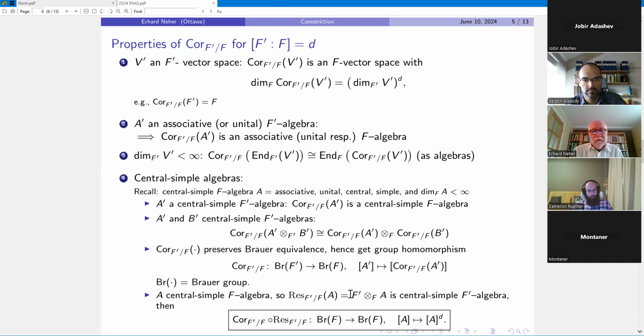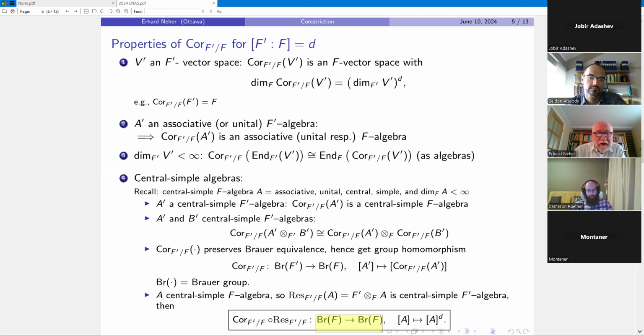So I get a central simple F prime algebra, which is usually called the restriction of A with respect to F prime over F. But then I have the corestriction map from the Brauer group of F prime down to the Brauer group of F. The composition of the restriction and the corestriction gives us a group homomorphism from the Brauer group of F to the Brauer group of F itself.